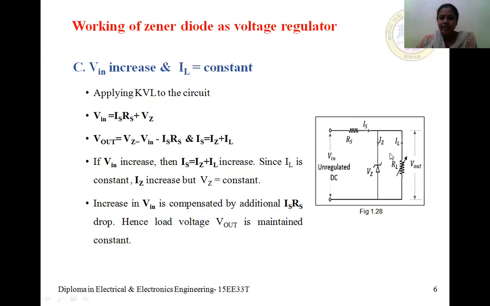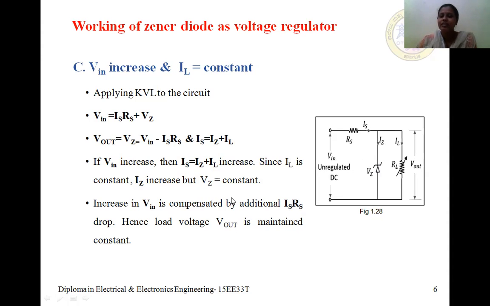As IL is constant, Iz increases. When Iz increases, Vz is constant. The increase in Vin is compensated by the additional Is Rs drop. Hence, voltage Vout is maintained constant.